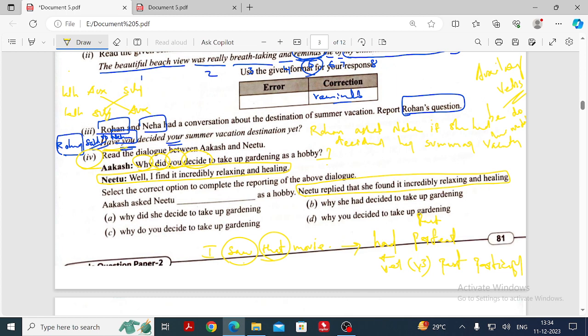It is an irregular form, right? So when we are going to change into past perfect, definitely saw should be changed into seen. So what is the indirect form? He or she had seen that movie. So this should be your answer particularly.